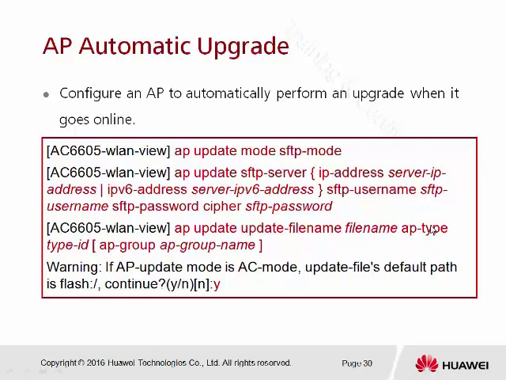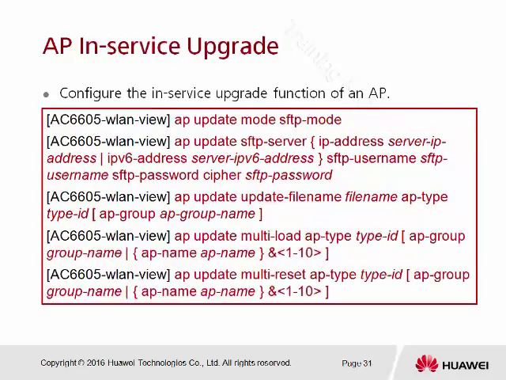For the AP type, you need to follow the correct ID. Each AP has a different ID number. To check the AP type ID number from this WLAN view, we can use display ap-type ID all to check.